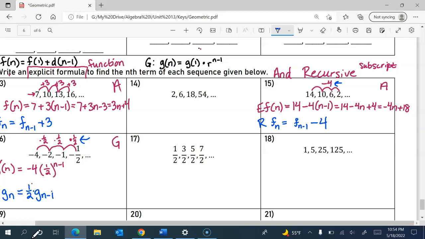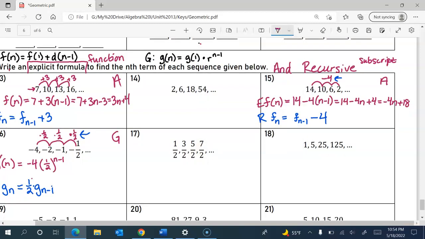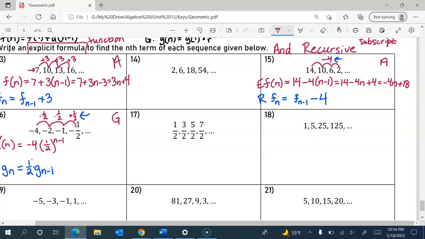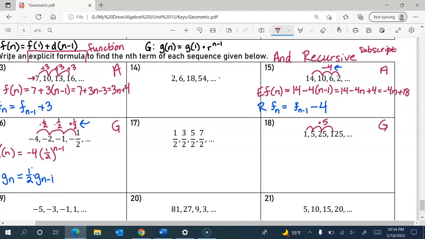Alrighty, and then let's jump to 18. This will be my last one. So figure out if it's arithmetic or geometric. 1 to 5, 5 to 25. Looks like I'm multiplying by 5 each time. It's geometric. So I need my explicit geometric function.